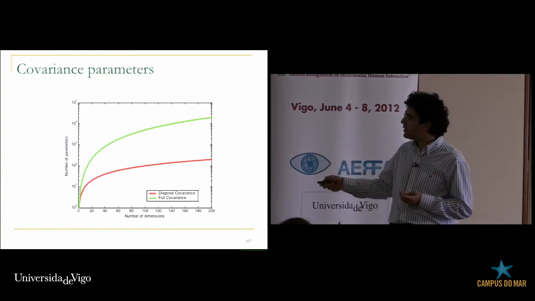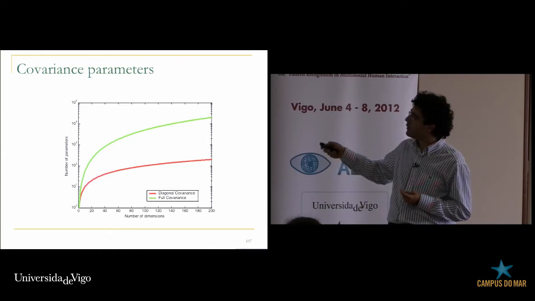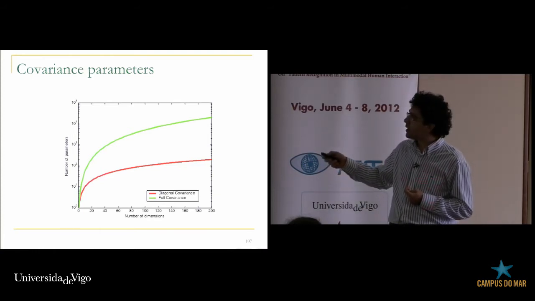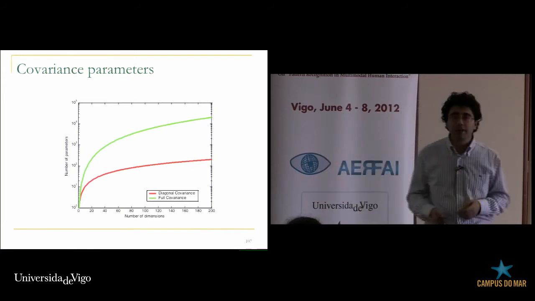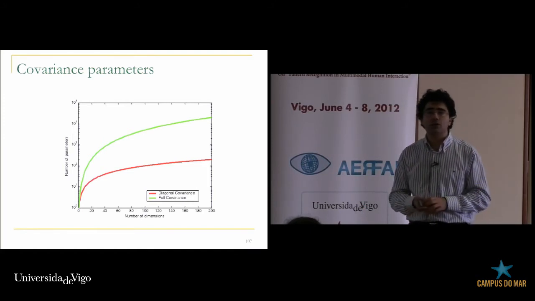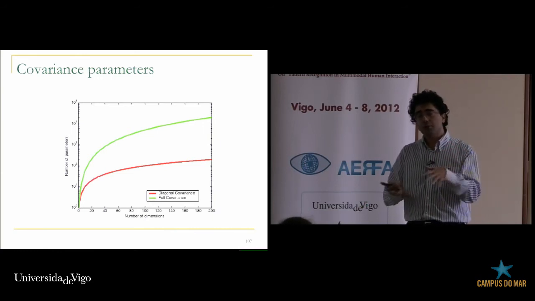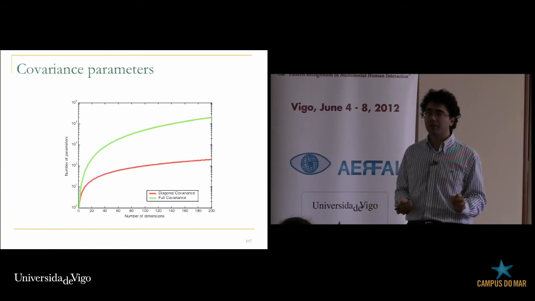So as you move in this direction, the difference between a diagonal covariance model and a full covariance model will quickly grow. Okay, so here you have like 100 times more parameters than this one. And that becomes a huge problem, as Fernando also told us, because when you're doing statistical modeling, you need data points proportional to the number of parameters. So we want to keep the number of parameters very small.